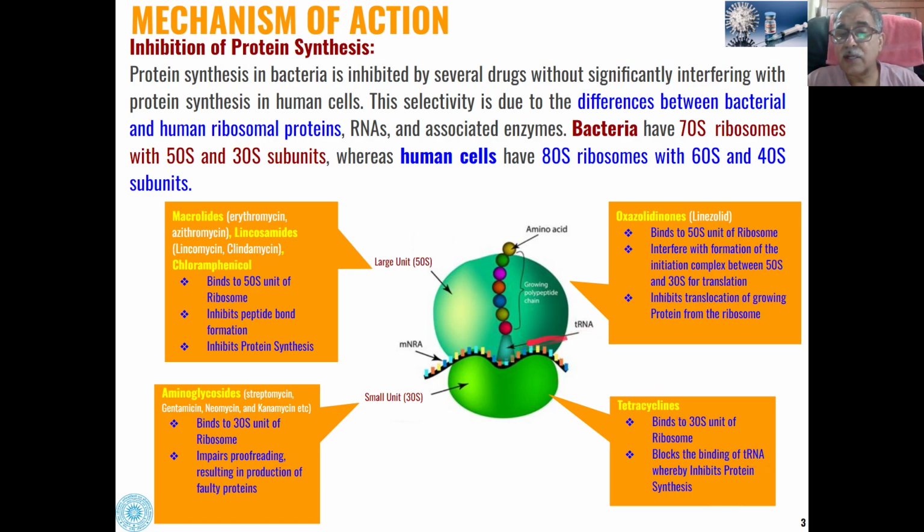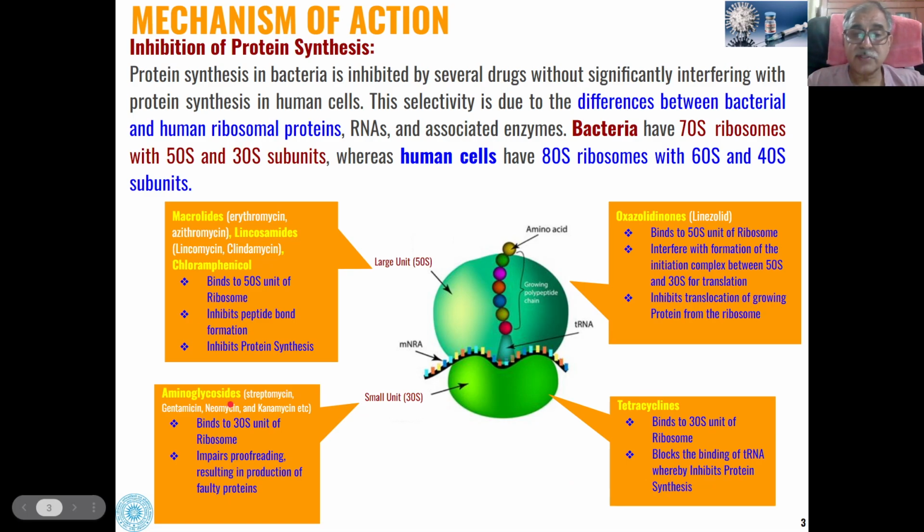That is, tRNA binding will be blocked, and this will inhibit protein synthesis, because this tRNA helps in the synthesis of the growing polypeptide chain. When the activity of this tRNA is inhibited by the antibacterial agent blocking this smaller subunit, the protein synthesis of the bacteria will be inhibited.